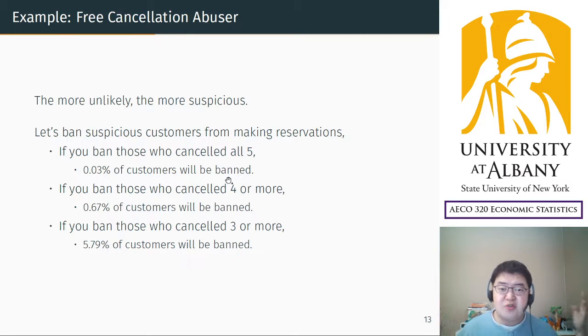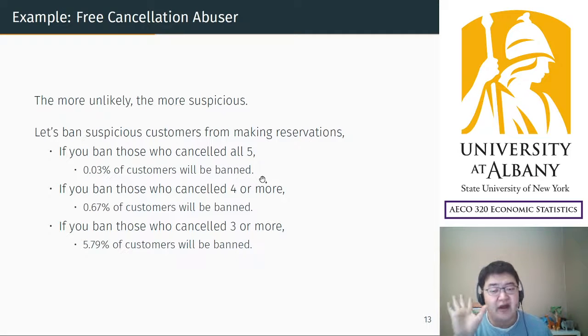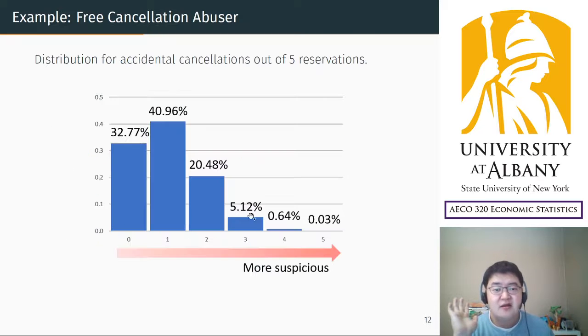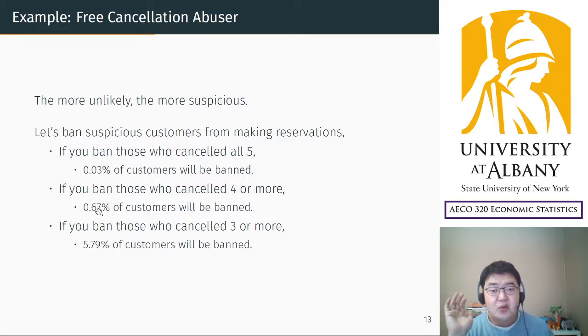If you choose to be more strict, then you may ban those who cancel 4 times or more out of 5. Then you are going to ban these two groups, which is 0.67%, right? 0.67% of innocent customers will be banned.